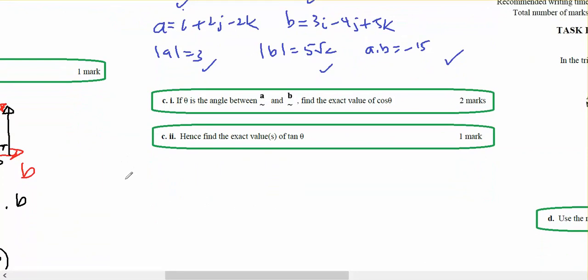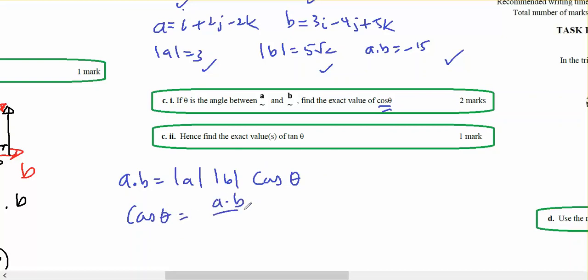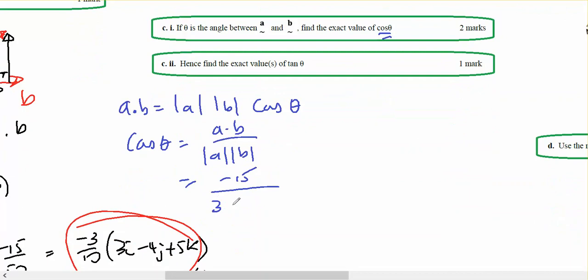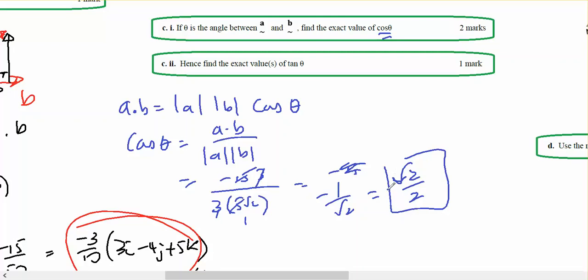So if I'm looking for C part 1, I've got A dot B will equal the magnitude of A times the magnitude of B times the cos of the angle, and that's what I'm looking for, which means the cos of the angle will equal A dot B divided by the magnitude of A divided by the magnitude of B, which will be minus 15 on top of 3 times 5 root 2, which will be minus 15, 5 goes into that, 1 goes into that, 3 goes, so it's 1 on root 2, negative, which is root 2 on 2, negative, is that answer.